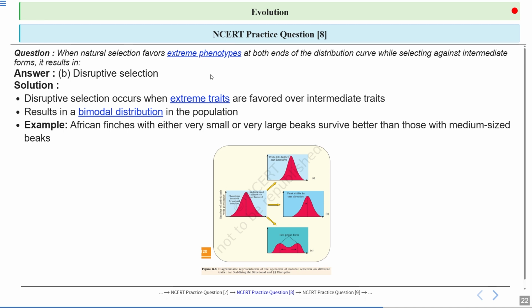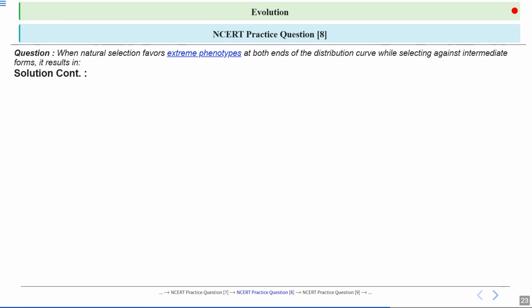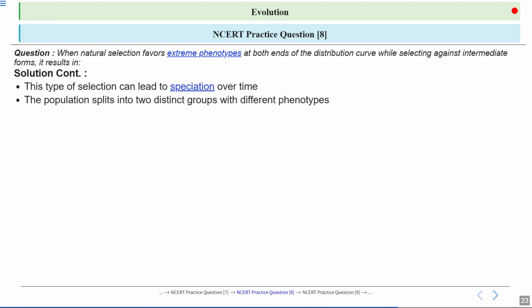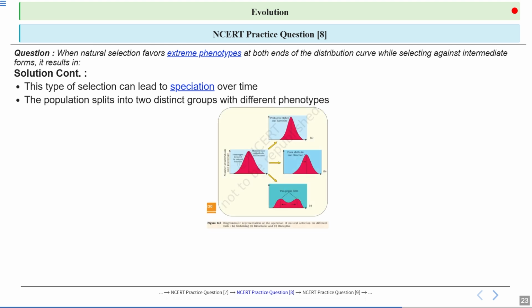Here you can see in this image, image C is showing you disruptive selection. There are two peaks; extreme phenotypes are being selected instead of the intermediate phenotype. So this type of selection can lead to speciation over time. The original population was split into two distinct groups with different phenotypes.